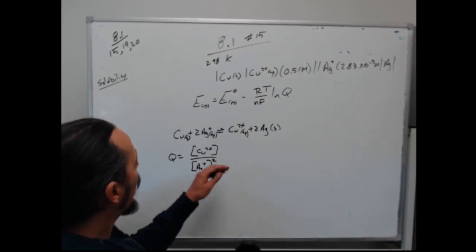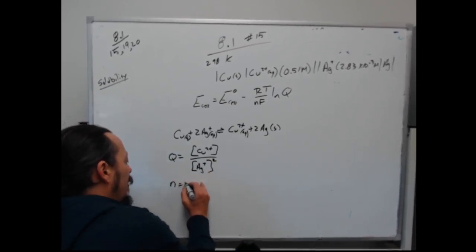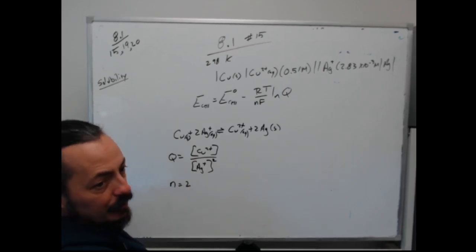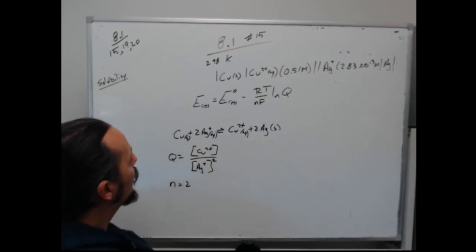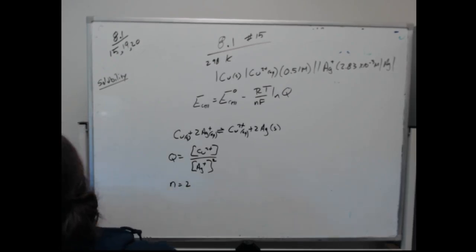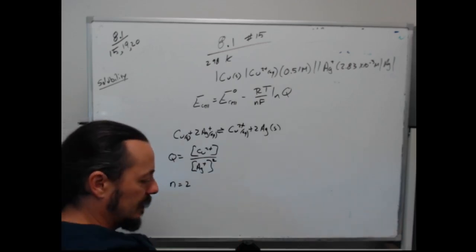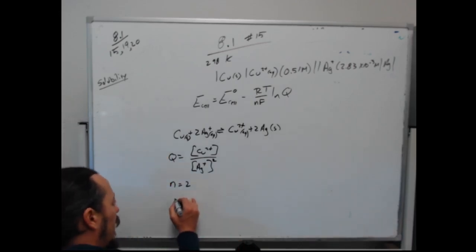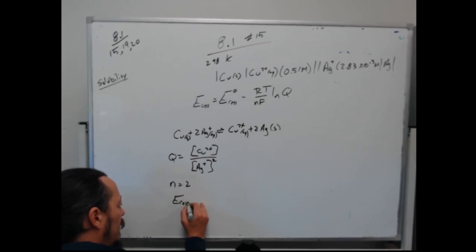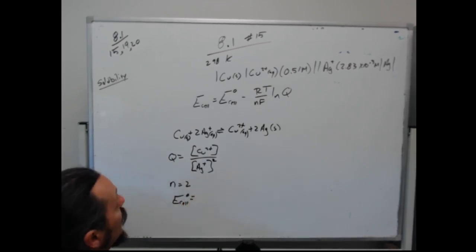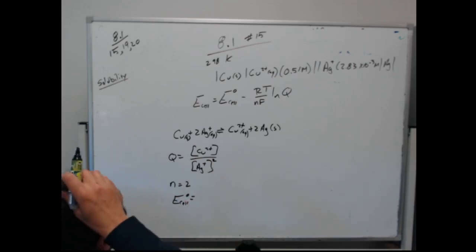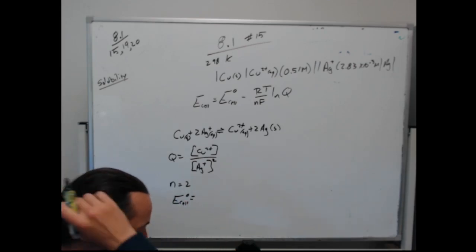I can also tell that this is going to have an n value of 2. There's going to be 2 electrons transferring. I can also calculate the standard cell potential for this. I can calculate E cell standard by doing silver minus copper.